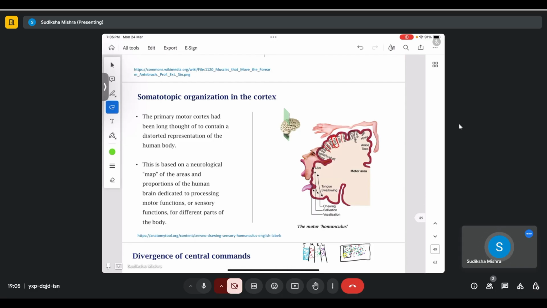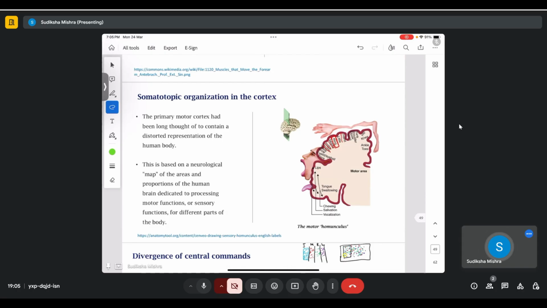Each area within the motor cortex controls a particular single site. And the hypothesis is that the primary motor cortex has a tiny human inside it, with each area supplying nerves to a particular area, and therefore controlling that area.